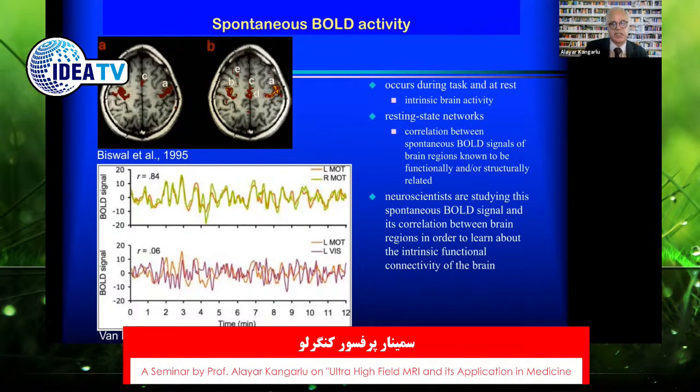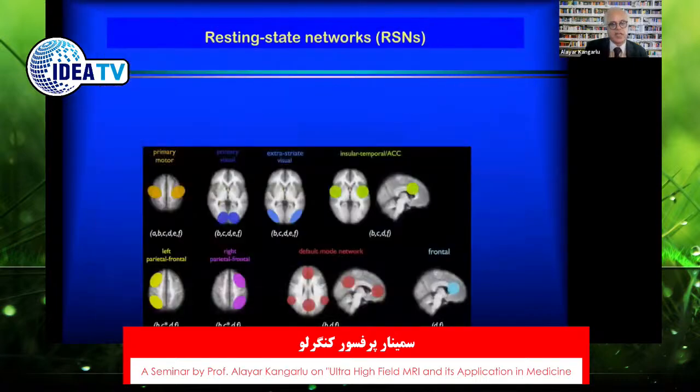And these resting state networks, really network technology, came to life. And now neuroscientists are studying these spontaneous BOLD signals and their correlations between brain regions in order to learn about the intrinsic functional connectivity of the brain. And they have been able to identify a few networks. And these networks have been proven at different field strengths by different groups in different regions for different purposes.